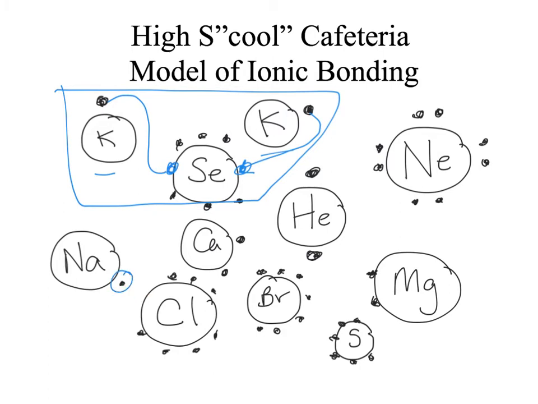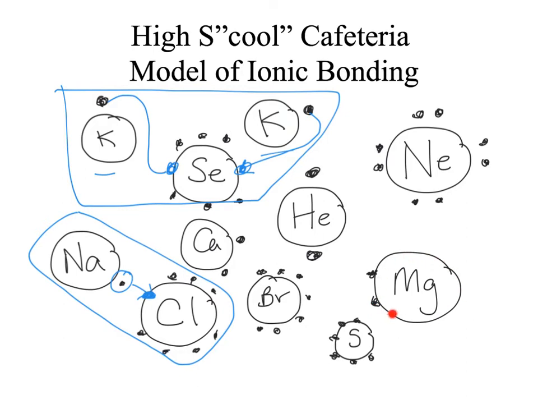Hopefully you can see that it's easier for sodium to give up its chair. And when sodium gives up its valence electron and adds it to chlorine, chlorine now has a full valence electron shell or a full table. So sodium and chlorine come together to create a stable compound, a stable ionic compound.